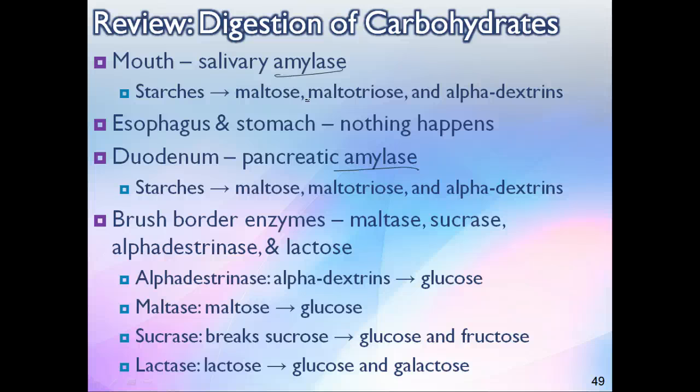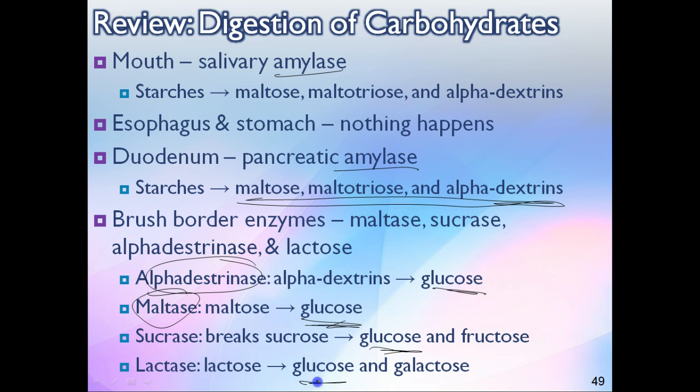Now what we're going to see is these big to medium molecules are then brought into the small intestine, where our brush border enzymes, which you notice, maltase, alpha-dextrinase, all of these guys, are going to break these maltose, alpha-dextrins, etc., into the individual monomer that we are then able to absorb in the form of glucose, or in some cases, galactose and fructose, which are isomers of glucose.